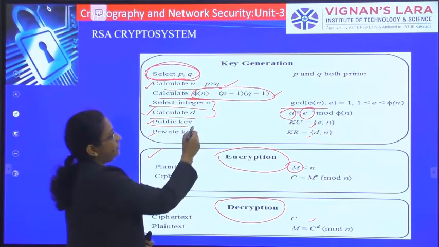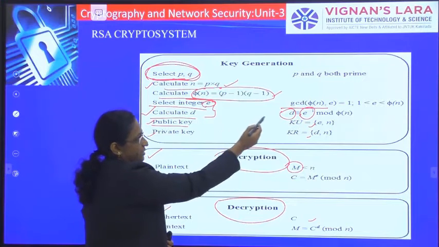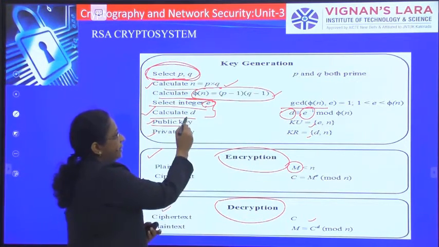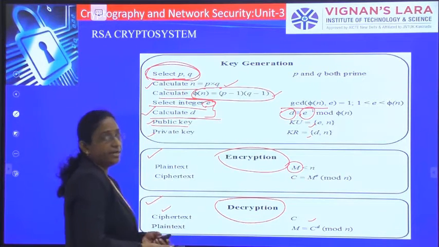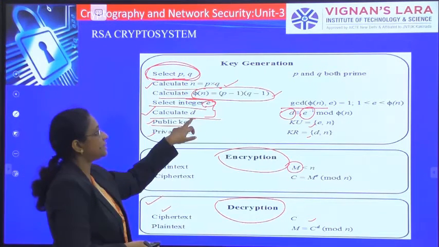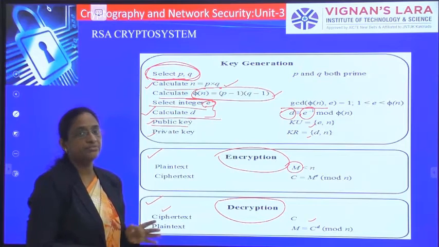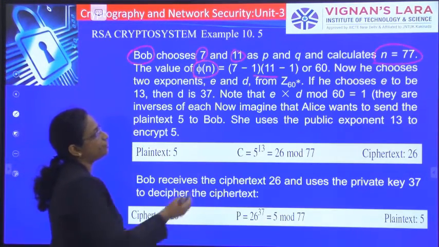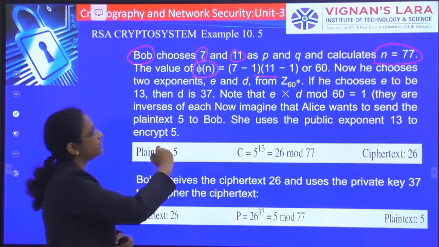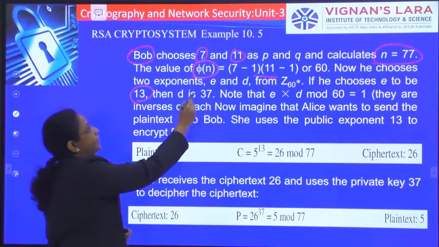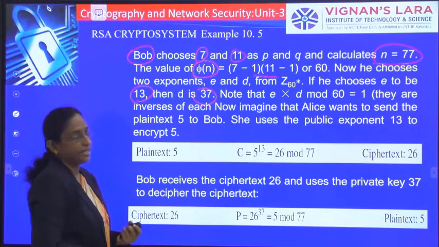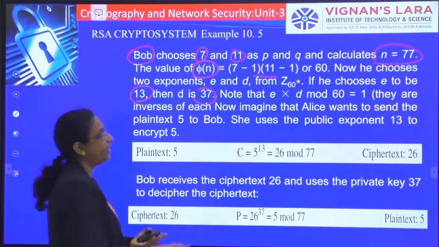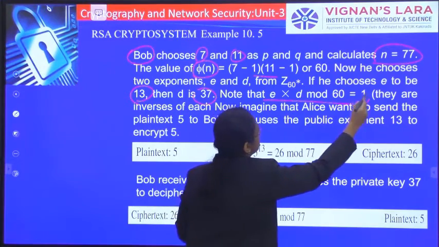As we have said, he has to choose E such that GCD of phi of n comma E is equal to 1, and then calculate D. That means he has to choose two integers E and D that are inverse to each other. Here he is choosing E as 13 and D equal to 37, such that E into D mod 60 is 1.